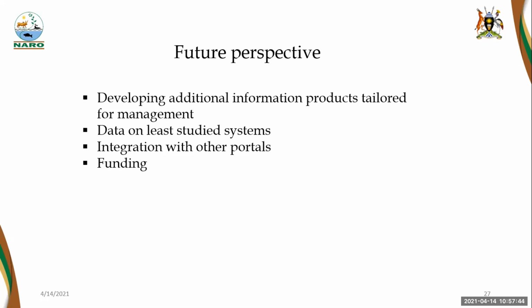Of course, some of these preferences are limited in the portal, but we are doing everything possible to incorporate these products. We have so far only included in the portal information on fish for a few systems for which we have the data, and our goal in the future is to have information on other taxa and list studied systems.